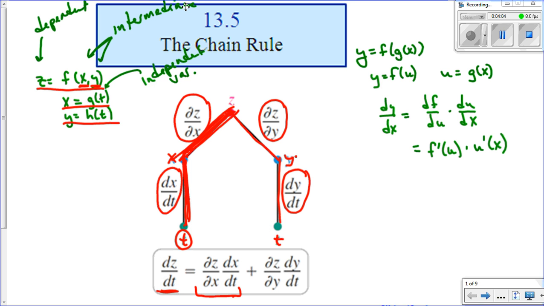Likewise, there's a contribution to dz/dt coming through this other path: the change in z with respect to y, which would be a partial derivative, times the change in y with respect to t. So we've looked at how x and y are both affected by the change in t. And the sum of those two rates of change will give us the change in z with respect to t.